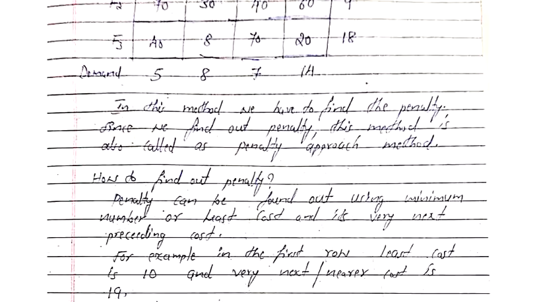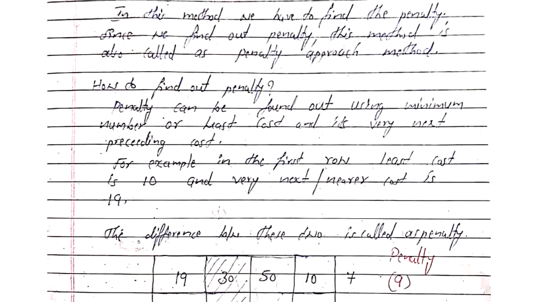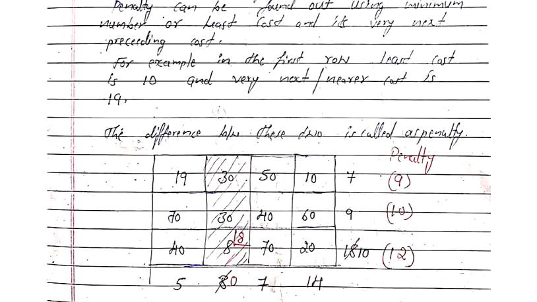So what is penalty? Penalty is nothing but the difference between the least cost in a particular row and the very next cost, or the nearest cost to that least cost. For example, if you consider the first row, we have numbers like 19, 30, 50 and 10.